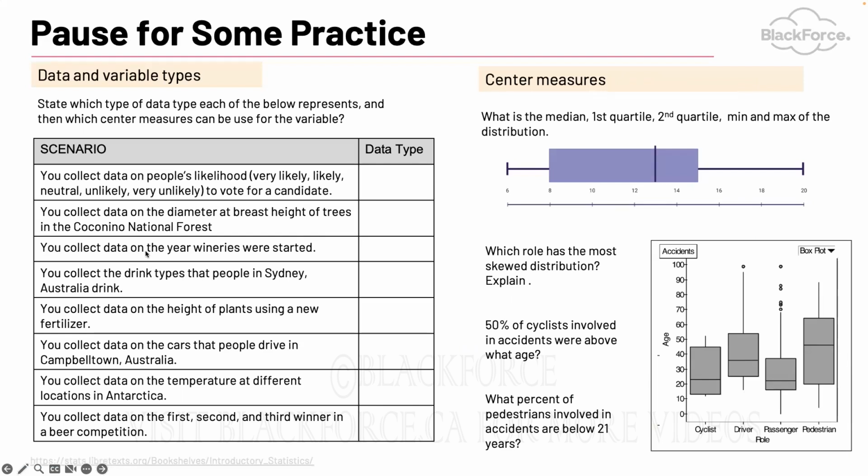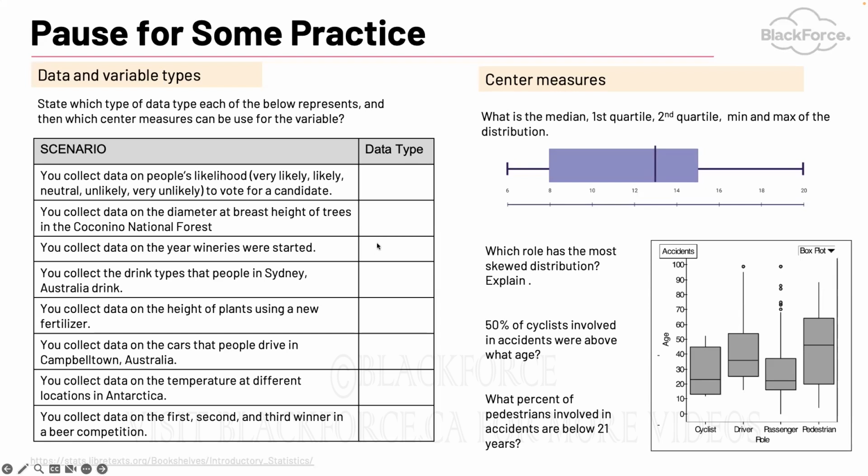You collect data on the year wineries were started. What kind of data would that be? Someone said ordinal. Yeah, this is one of those that is a bit tricky. Years will be categorical and ordinal, because it's asking in what year did it start.